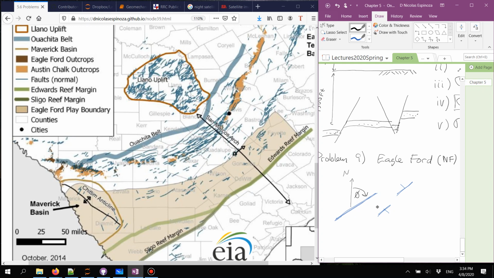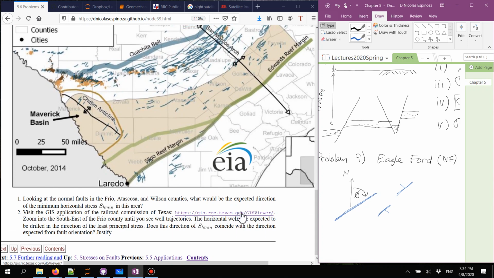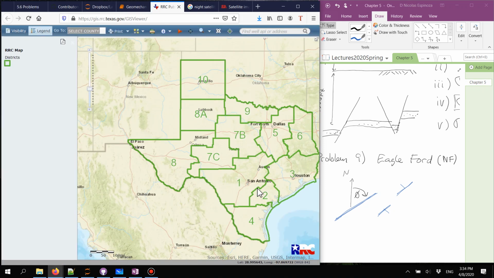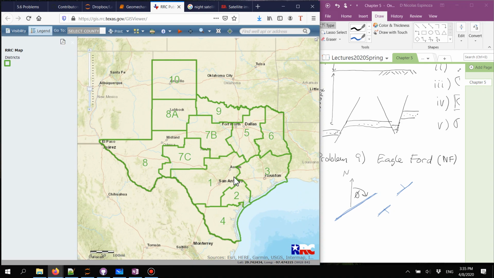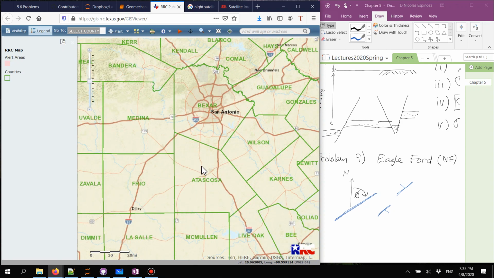And once you verify that, I'd like you to check it with the orientation of horizontal wellbores in this particular place. And in order to do that, you're going to use this tool from the Railroad Commission that allows you to see the surveys of wellbores and also of horizontal wellbores. So if you go ahead and click in here, you're going to get to a map like this one, in which if you zoom in next to the Eagle Ford, at some point you're going to start seeing the lines of the counties.